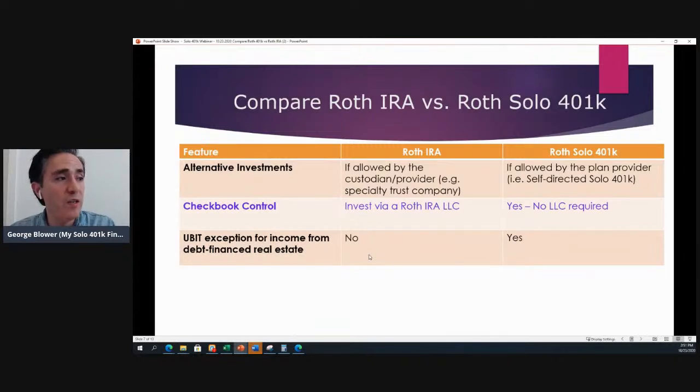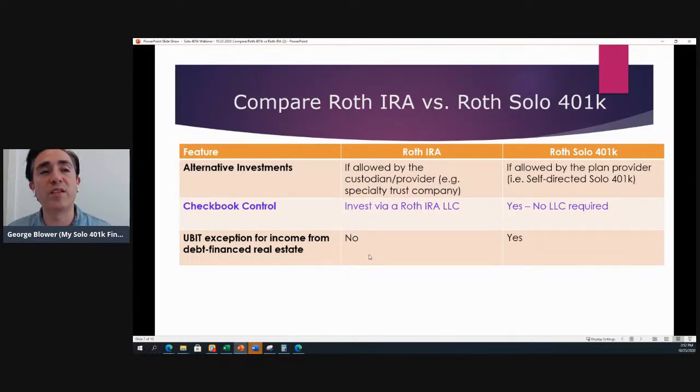UBIT exception for income from debt-financed real estate. That's another big difference. If you are investing in real estate, a lot of our clients use debt. It has to be a special kind of debt called non-recourse financing. Income earned on that investment, if you were to make that investment in a Roth IRA, is going to be subject to unrelated debt-financed income tax, UDFI, sometimes called UBIT.